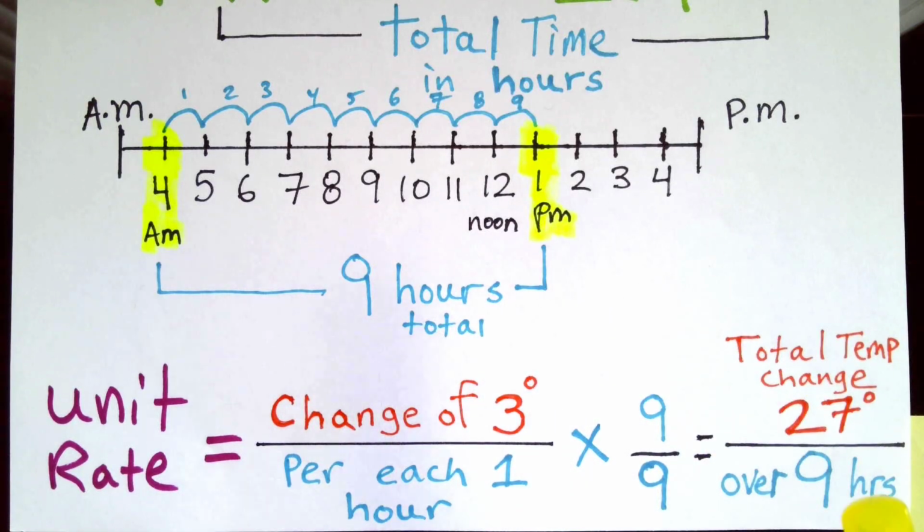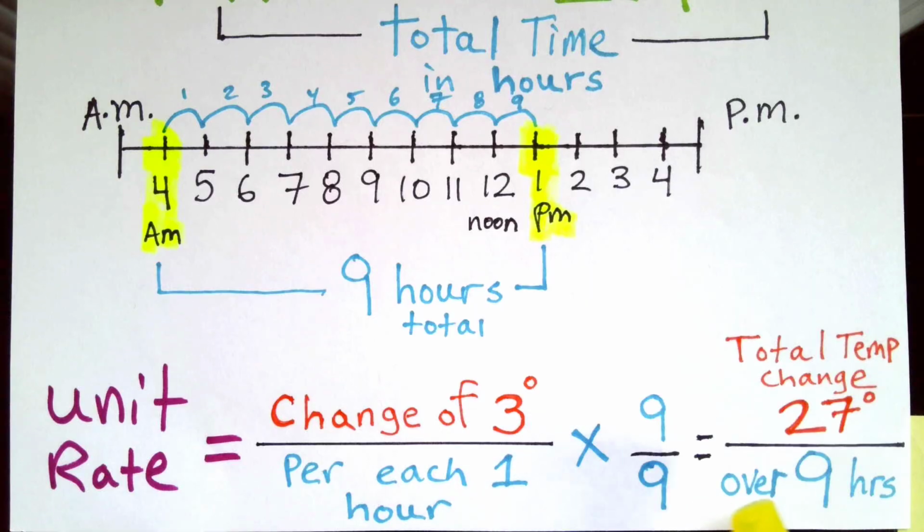And again, we're not done answering this test question after we come up with that total value. We're just using our rate of change to come up with the total temperature change over 9 hours. Our rate of change is 3 degrees per every hour. We know it's a total of 9 hours.